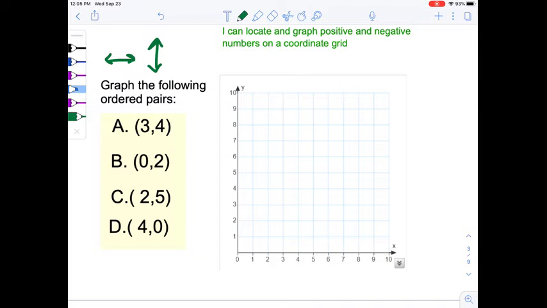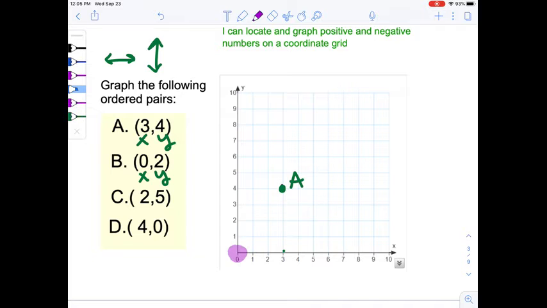So looking at letter A, our x is 3 and our y is 4. Since it's positive, we start at the origin, always start at the origin, and then we go 3 to the right and 4 up. We plot our point, and then we always label our point.